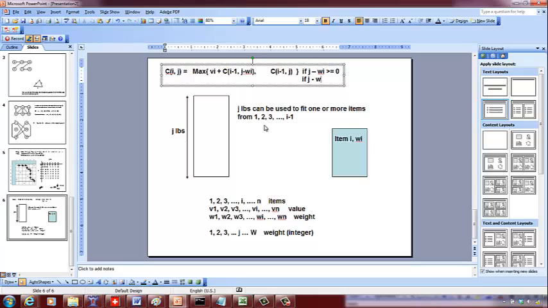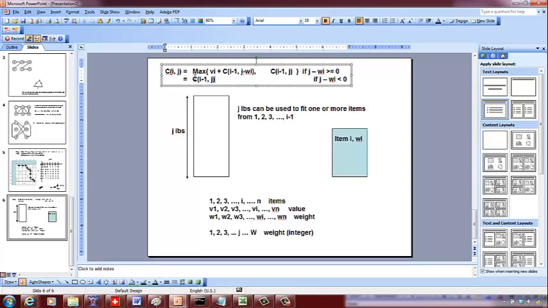which means j minus wi is less than 0, then we can say c of i comma j is simply, as I said, if j is less than wi, item i weighs more than j. So all you can do is put in items 1 through i minus 1, whatever we can fit, into a knapsack of capacity j.